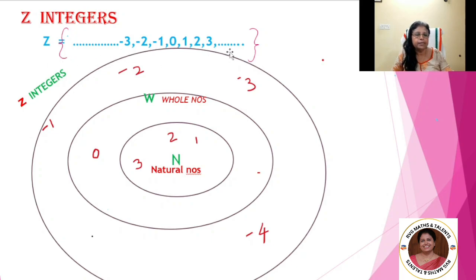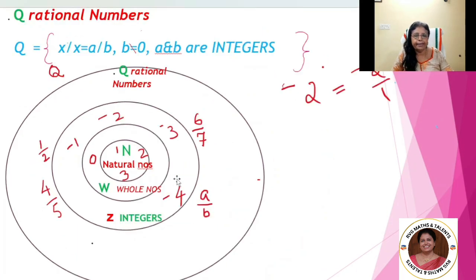On the positive side, it is up to positive infinity. So that is the number system of integers. This integers is a superset of whole numbers and natural numbers.